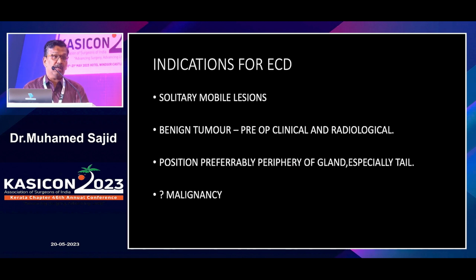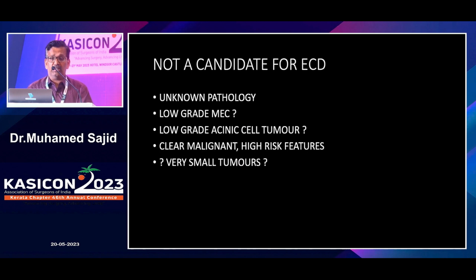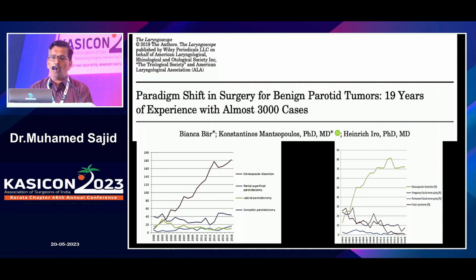These are ideal indications for extracapsular dissection. Regarding malignancy, we will come to that shortly. There are some scenarios where we may have to do surgery. Patients who are not candidates for ECD are patients having unknown pathology, low-grade malignancies, clear malignancy with high-risk features, and very, very small tumors.